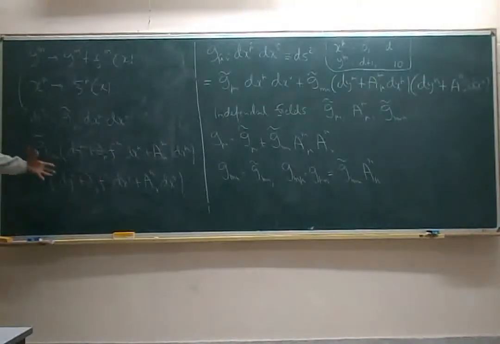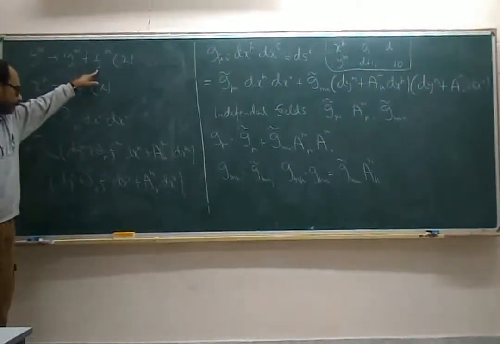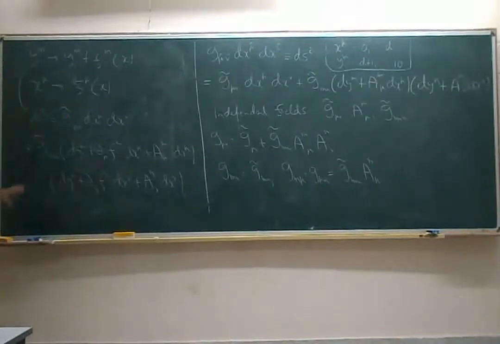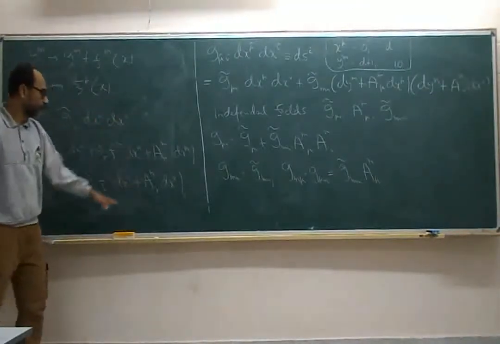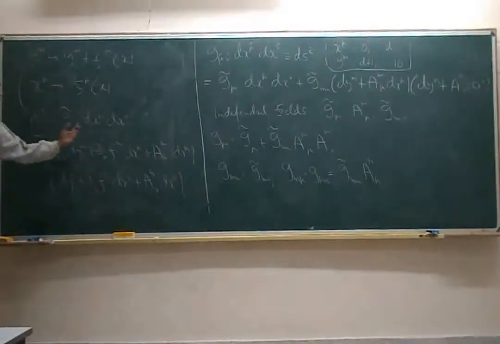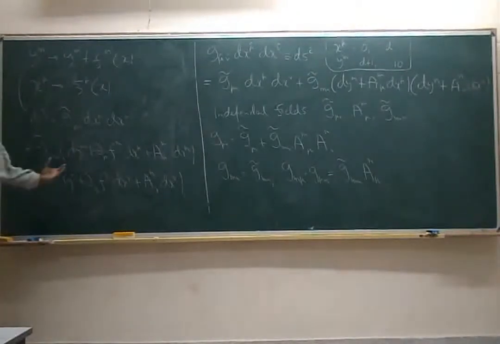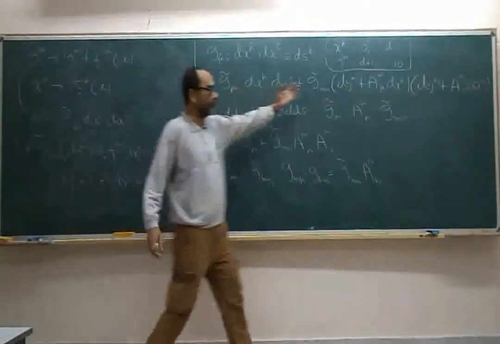So this is the change in the metric. If you make this coordinate transformation, y m we have changed to y m plus f m. And now we want to redefine our fields so that it can be written back in this form.